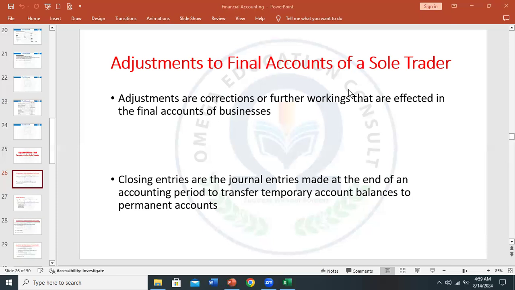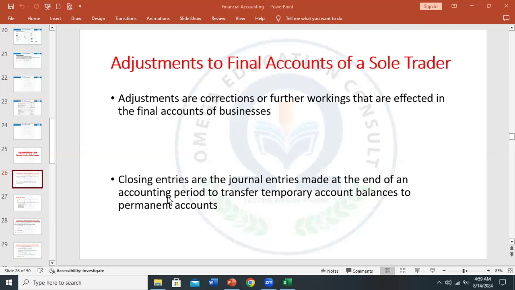Okay. Now, apart from the adjustment, as in the corrections that you do, it is also important to know that in financial accounting, some of the accounts we prepare are just temporary. They are temporary because at the end of the financial period, we transfer their balances into the permanent account. Now, the permanent accounts in financial accounting include the trading account and profit and loss account.